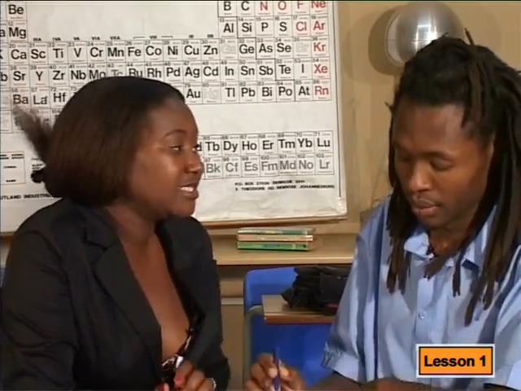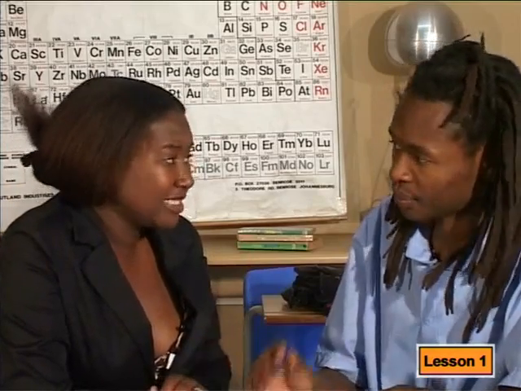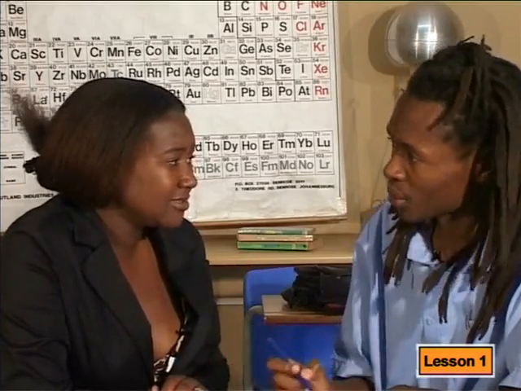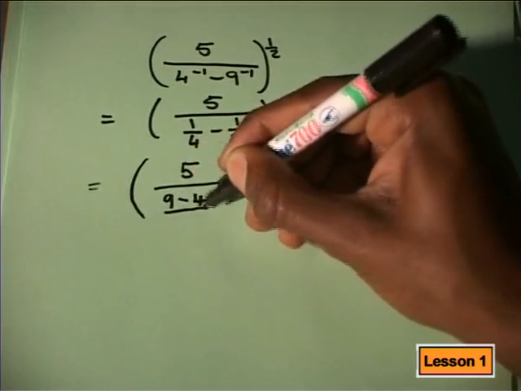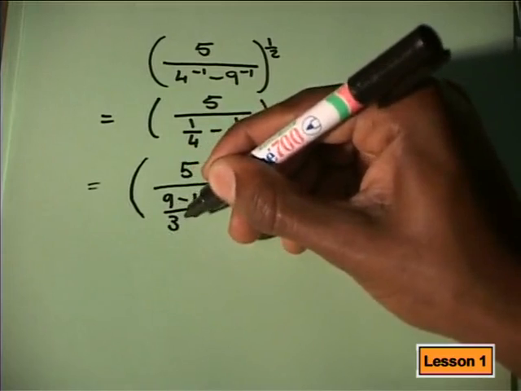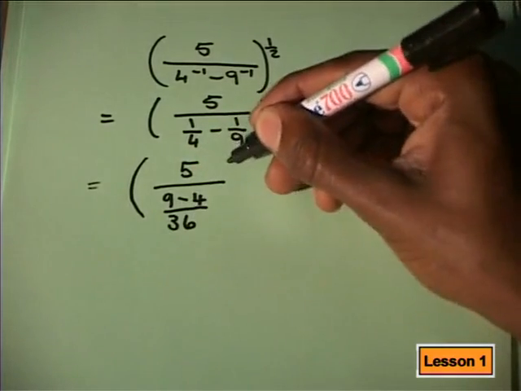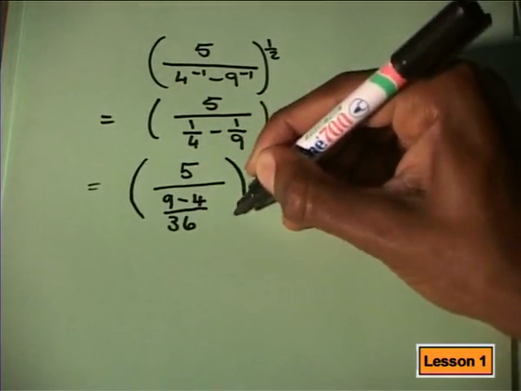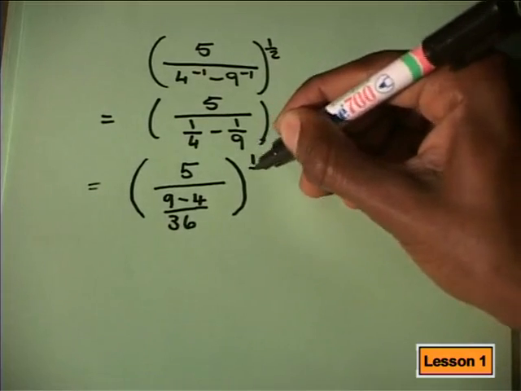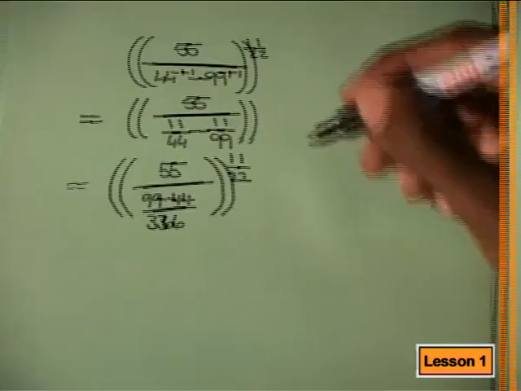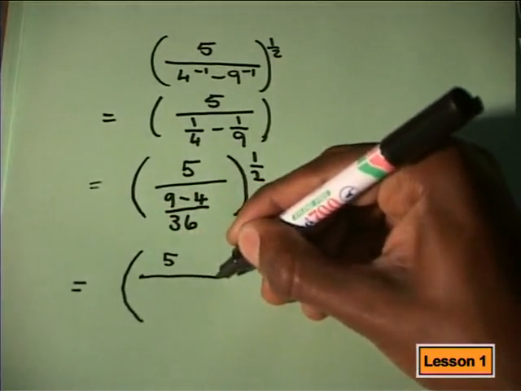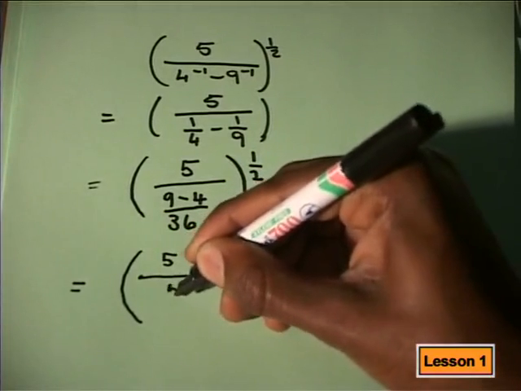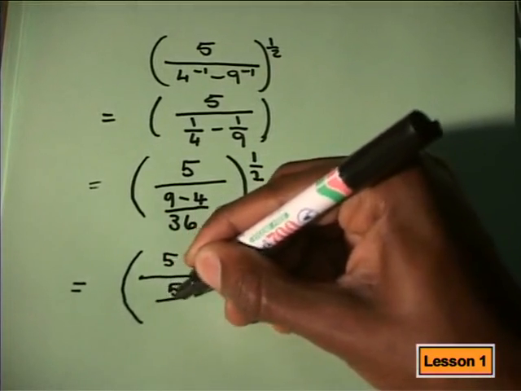That leaves the fractions in the bracket. Do you think you can simplify the fractions? Sure. To start off with, we need to collect the fractions in the denominator. To do that, I need to put them both over the common denominator, which in this case is 36. Now we collect the fractions, and we get 5 over 36.